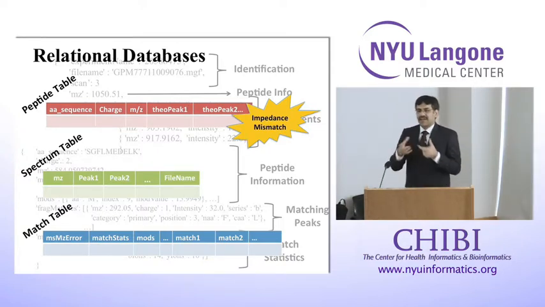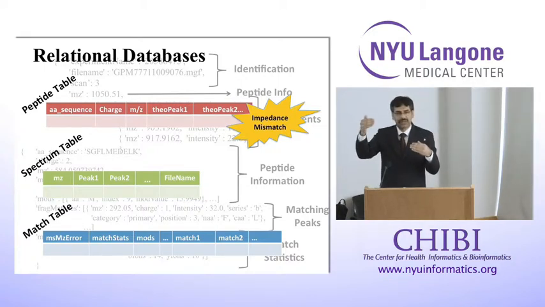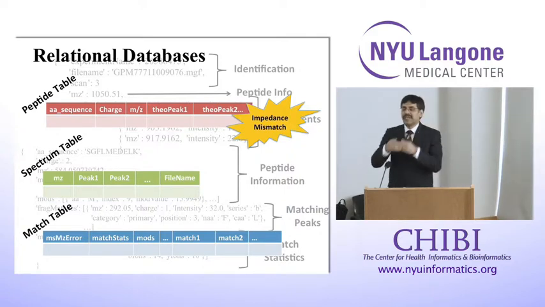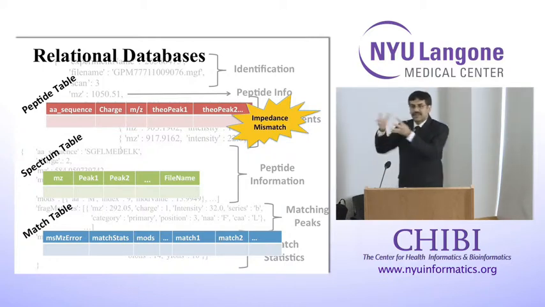The other thing is that we had complex data structures, so embedded data structures. So let's say mass to charge ratio and mass to charge error. We had 2 different kinds of errors. We had Dalton scale, we had parts per million scale. Similarly, we had peaks. Peaks is a list of observed peaks, but each element in that list is a further embedded structure.